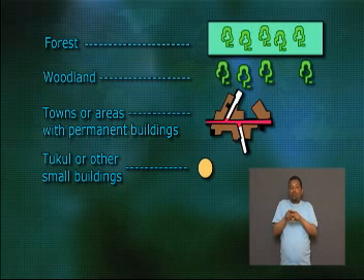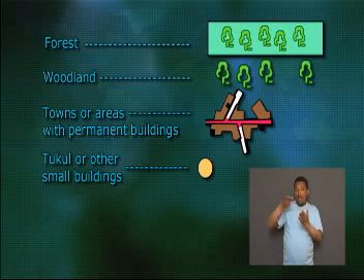Tukul or other small buildings are shown as dots. Different types of roads and trails are depicted as varying lines, and power lines are shown as lines with chevrons beneath them.